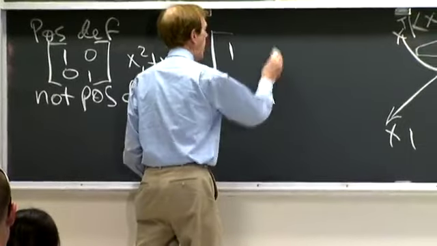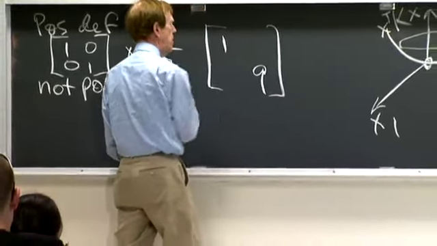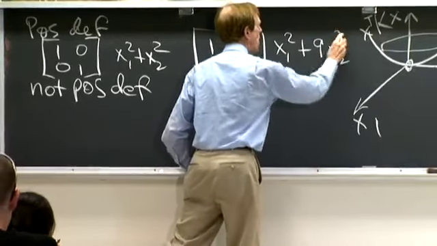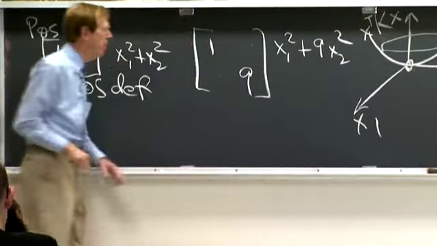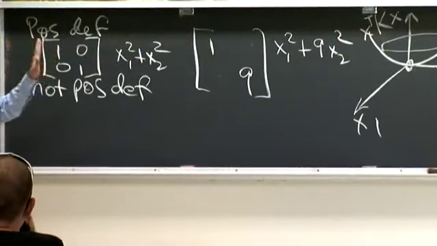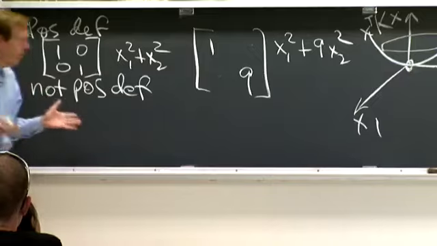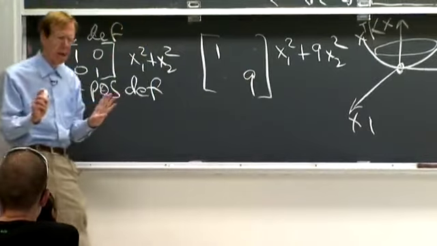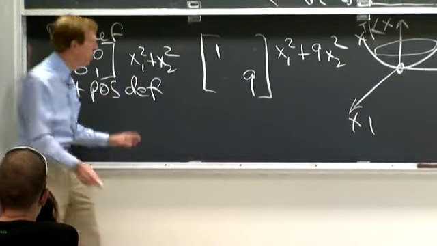Now let me take one that's maybe not so simple. Let me put a 9 there. So I'm off to a reasonable start. I have an x1 squared and a 9 x2 squared. Now I want to ask you, what could I put in there that would leave it positive definite? Give me a couple of possibilities. Not too big, that's the thing. 2 would be fine.